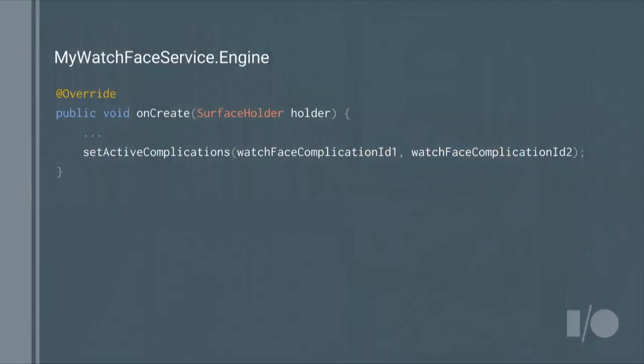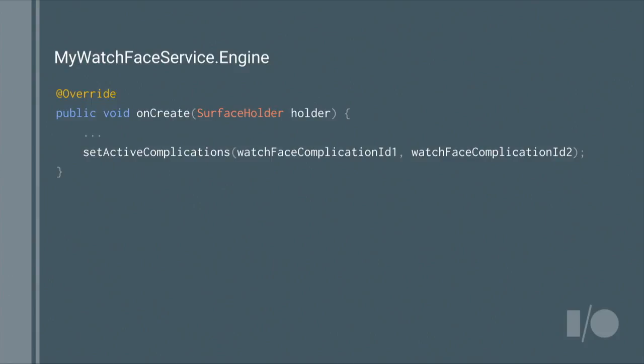OK, so to show the data, what you need to do is tell the system that your watch face is ready to receive it. So let's move into the watch face service itself, specifically the engine. What you need to do is call setActiveComplications and pass in the watch face complication IDs for the complications that are ready.